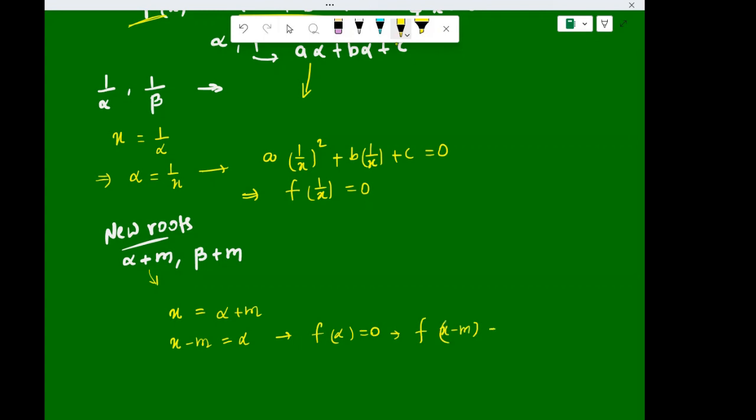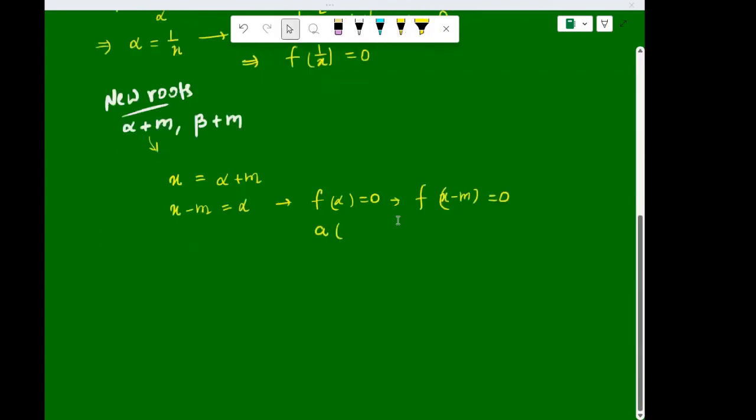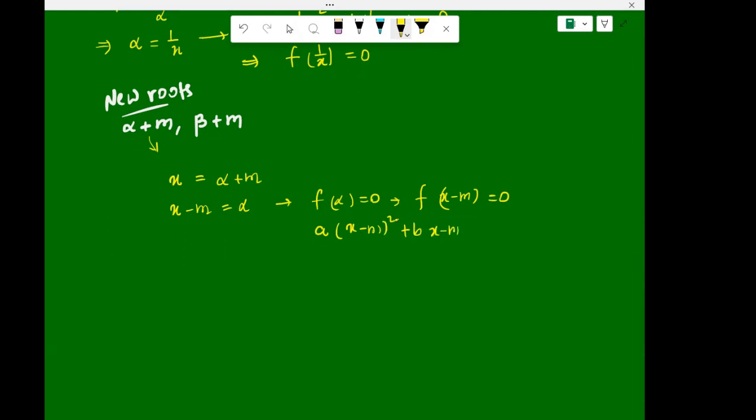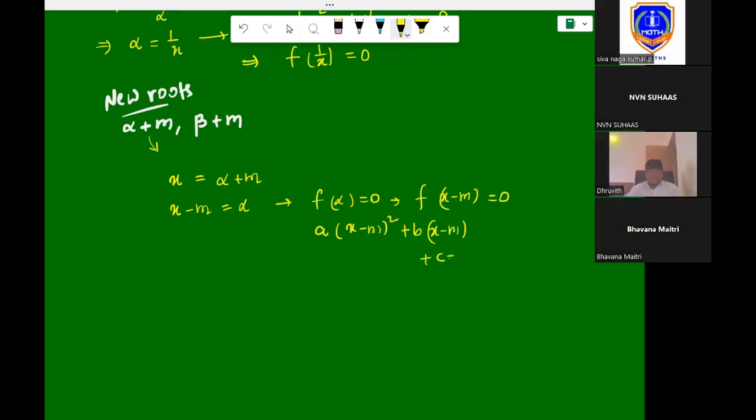So f of x minus m equal to 0. That means if m was added to the already existing roots alpha comma beta, the new equation has x minus m in the place of x. That means the new equation will be a of x minus m whole square plus b of x minus m plus c equal to 0.